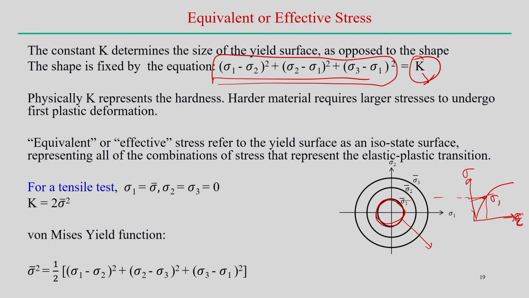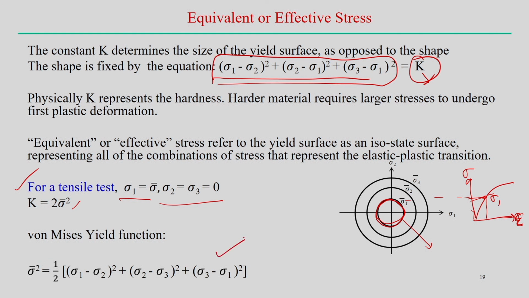If it is two dimensional, we use the 2 dimensional form. If it is 3D, we use the 3 dimensional form. But this is the representation. For example, although we are talking about the functional form, this is the von Mises yield function. For uniaxial tensile testing, sigma 1 equal to sigma bar, sigma 2 and sigma 3 equal to 0, then we reach the k value equal to 2 sigma bar square, and sigma bar square equal to half of this.